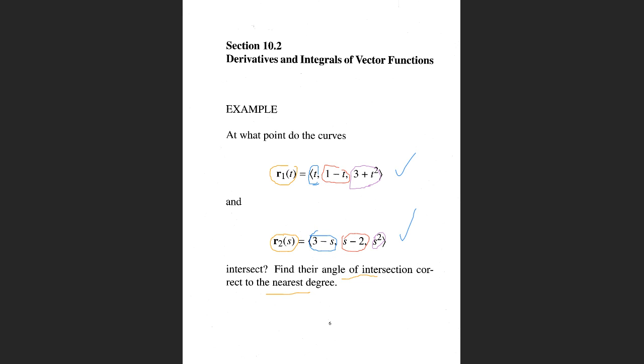Okay. So on that note, let's look at the solution. So where the space curves intersect, we must find values of t and s so that these three equations hold.